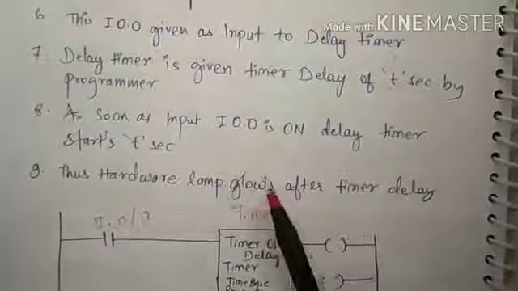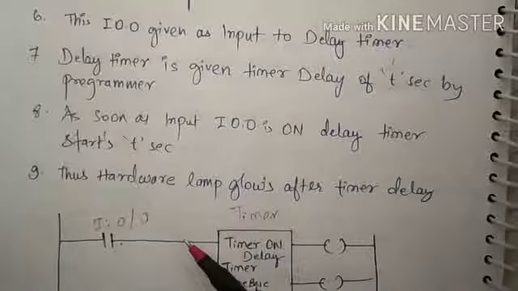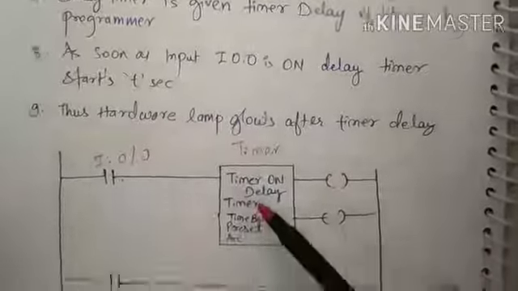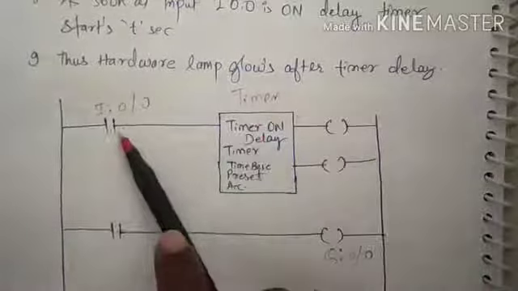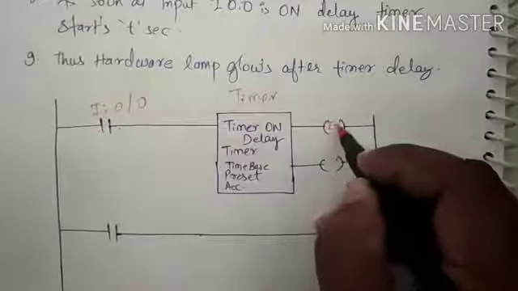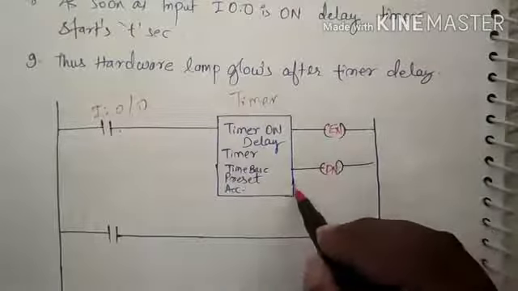If I have set the timer to 120 seconds, then what will happen? It will count from 0 up to 120. The timer has an input enable bit EN, then a DN bit, and a TT bit also.